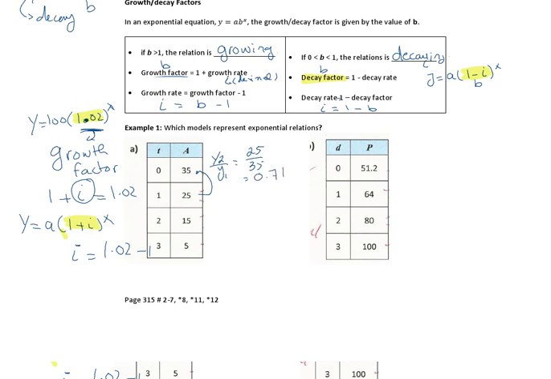If I do y2 over y1, 0.6. Is my ratio constant? Okay, so ratio is not constant. Therefore, it's not exponential.